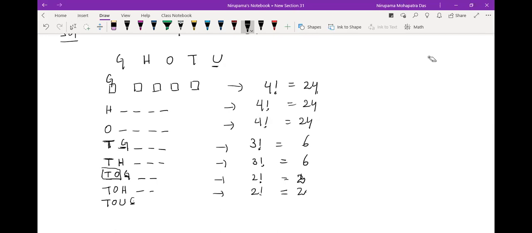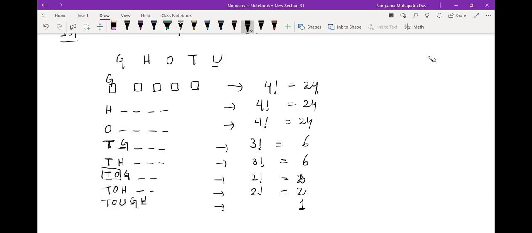It will be having G. Then after keeping G here, we do not have any other choice. We have to keep H here. So that means TOUGH already we are getting. So TOU, then GH, automatically it is coming.